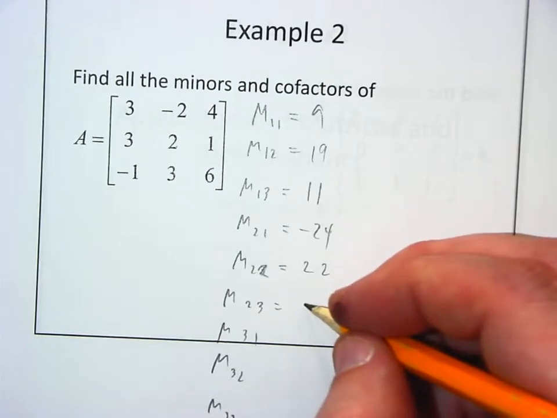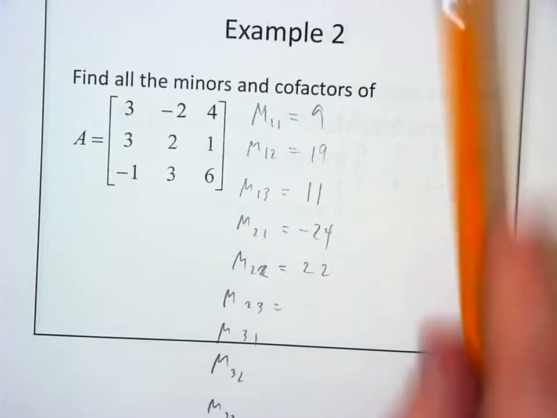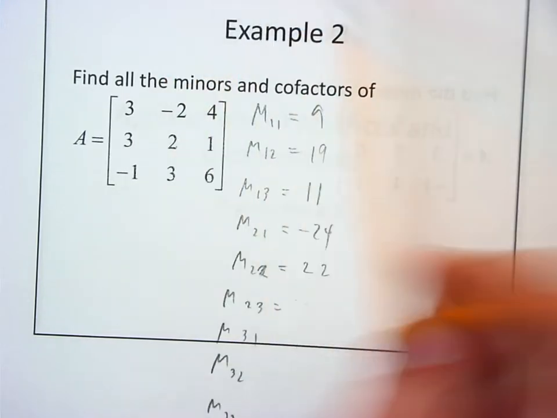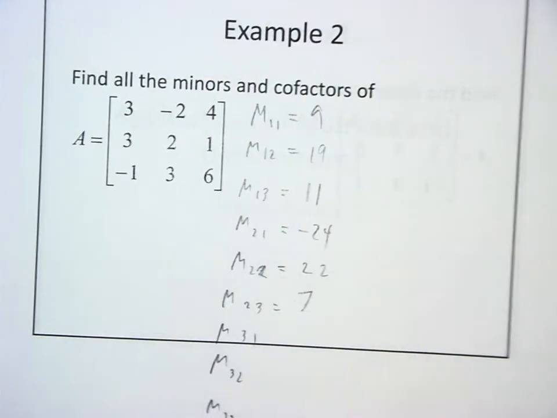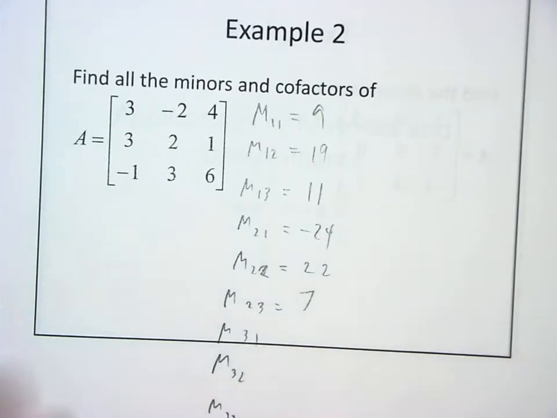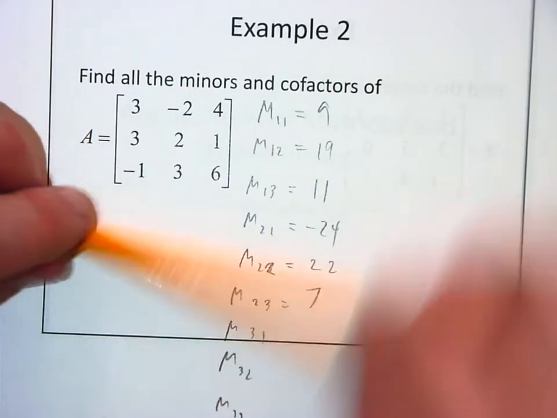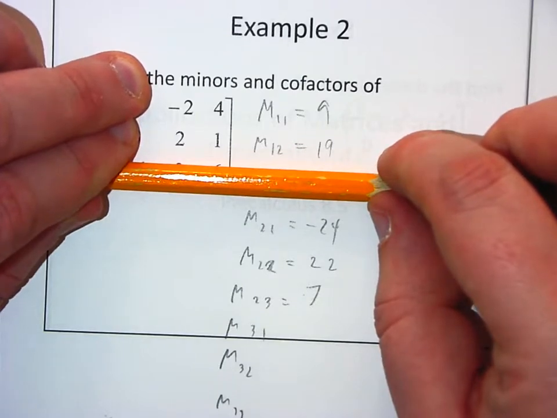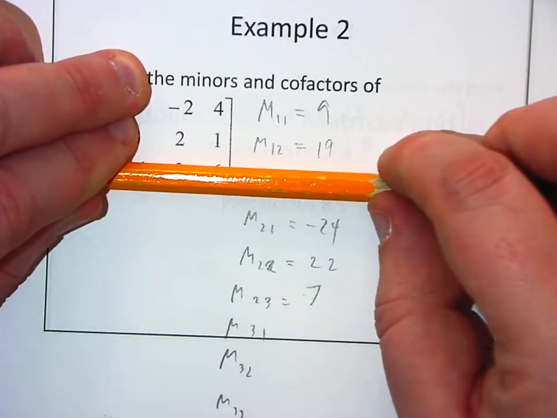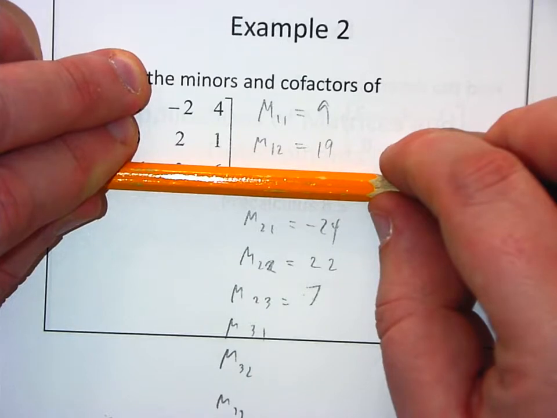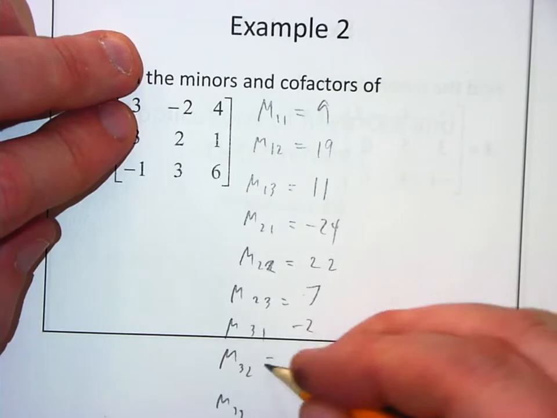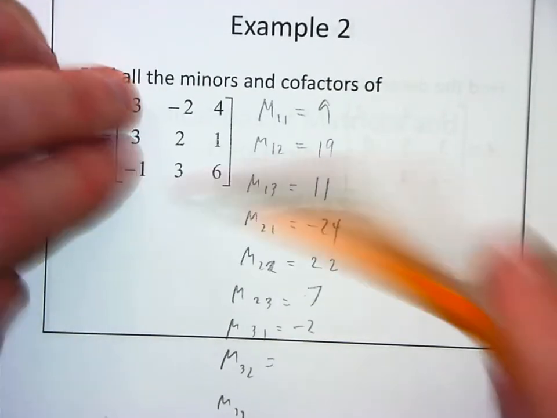2, 3. Cover up this. So I get 9 minus 2. Yes. 7. 3, 1. Negative 10. Negative 2 minus 8. 3, 2.